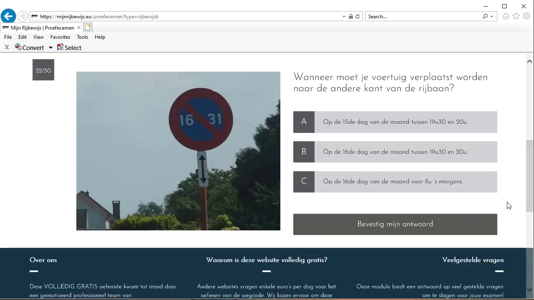When should you move your vehicle from one side of the road to the other side of the road? Option A is on the 15th day of the month from 7:30 to 8. Option B is on the 16th day of the month from 7:30 to 8 p.m. Option C is on the 16th day of the month before 8 in the morning.